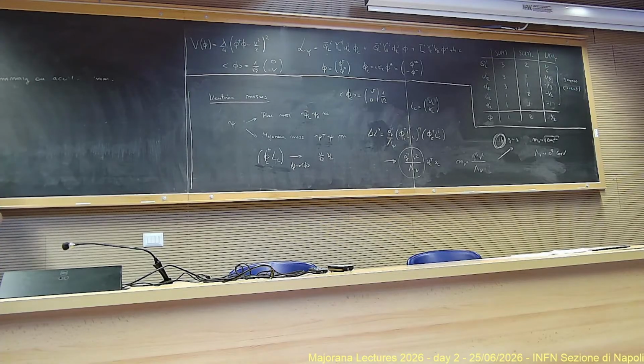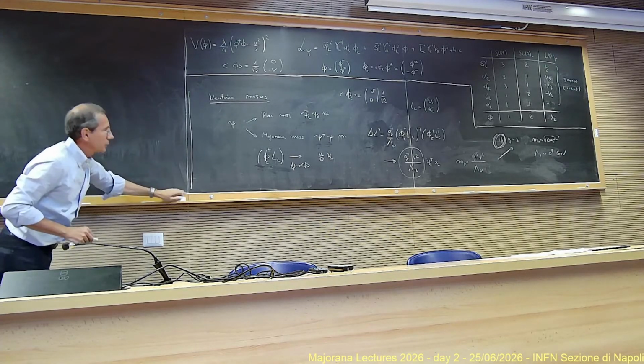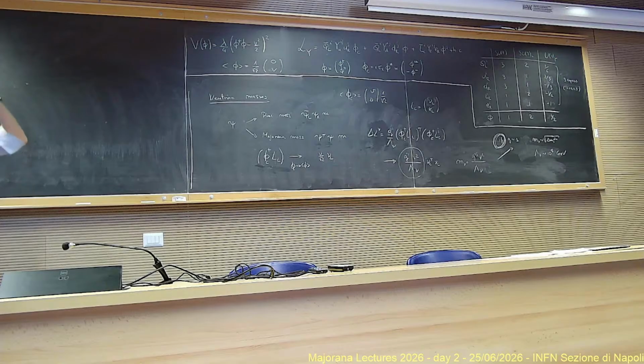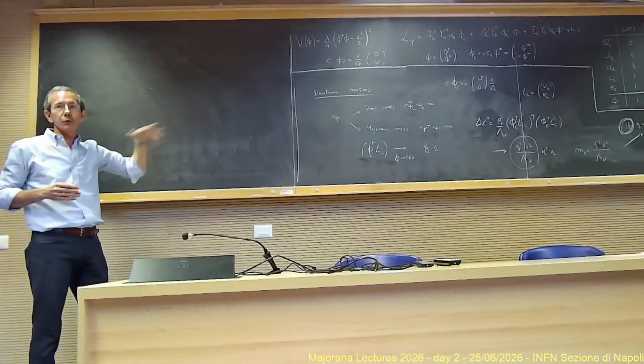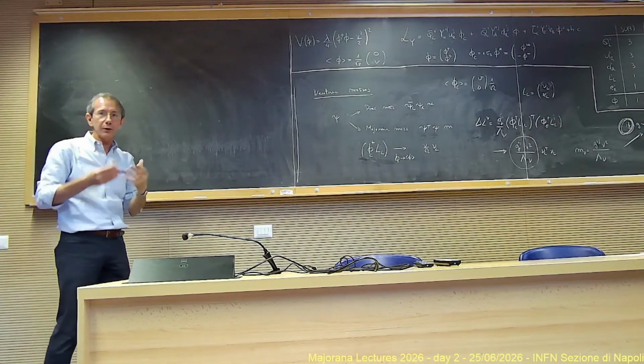As you know, even well before Weinberg, Minkowski and others showed how you arrive at this with an explicit model, which is to add the right-handed neutrinos via the seesaw mechanism.